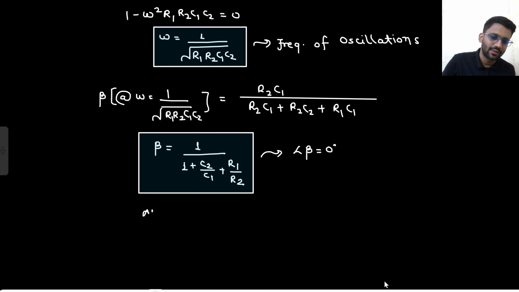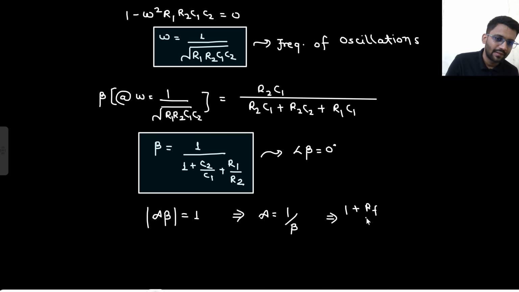What we know is that mod of A beta should be equal to 1. This is the beta value we know, so A should be equal to 1 by beta. What is my A? A is 1 plus rf by r. So my 1 plus rf by r value would be 1 plus c2 by c1 plus r1 by r2.